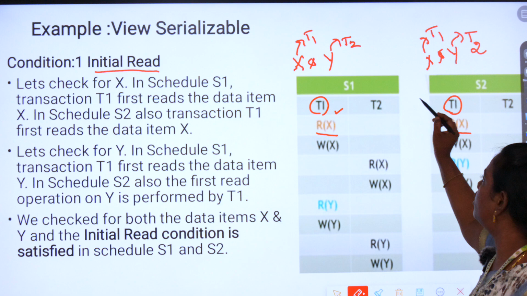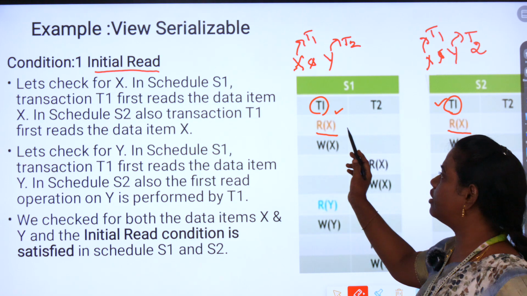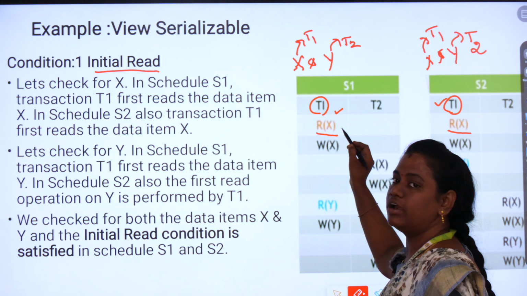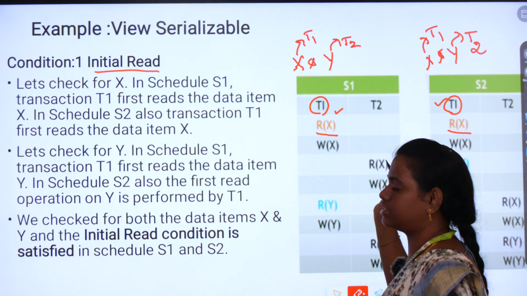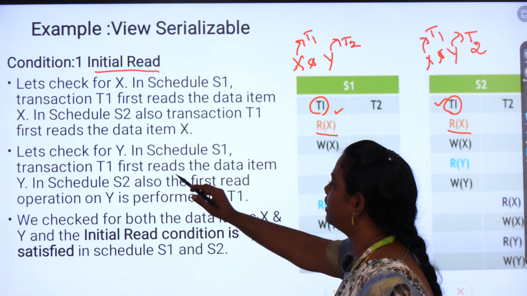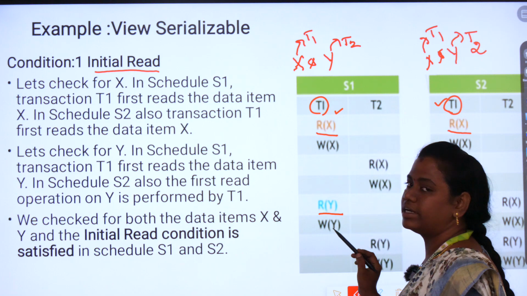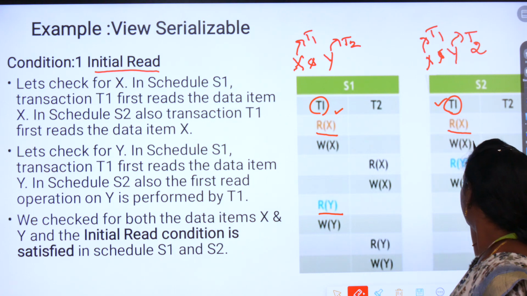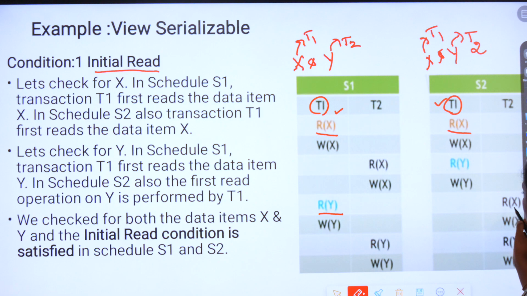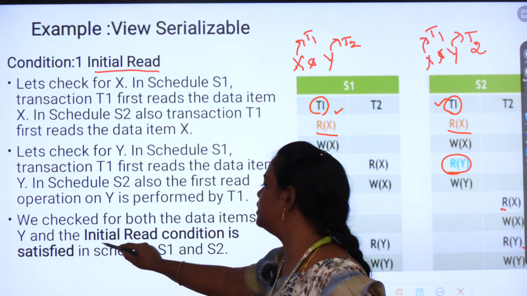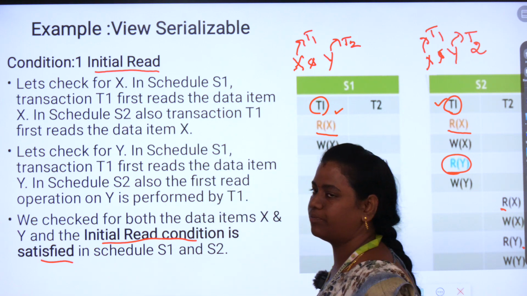So it is satisfied for X. Next check for Y. In schedule 1, the initial read on Y is done by transaction 1. Likewise, in schedule 2 also, the first read operation on Y is done by transaction 1. So both conditions are true, and obviously the initial read condition is satisfied.